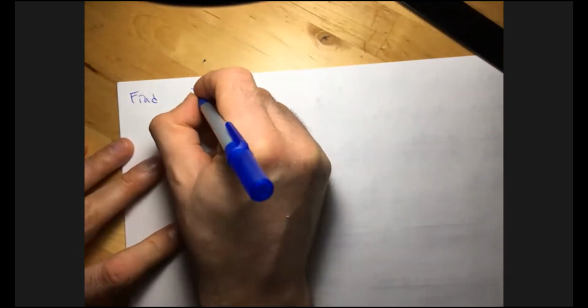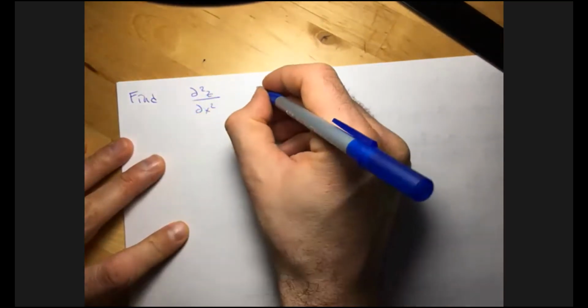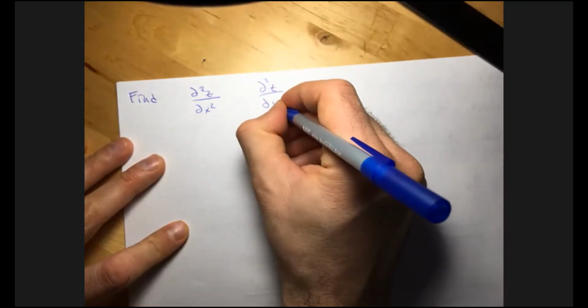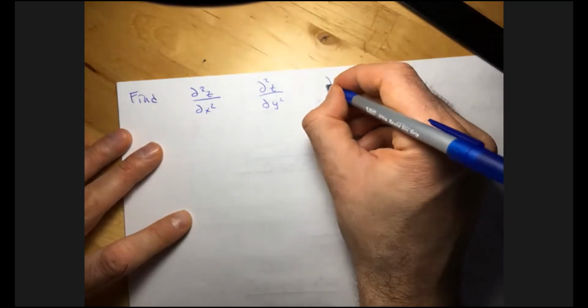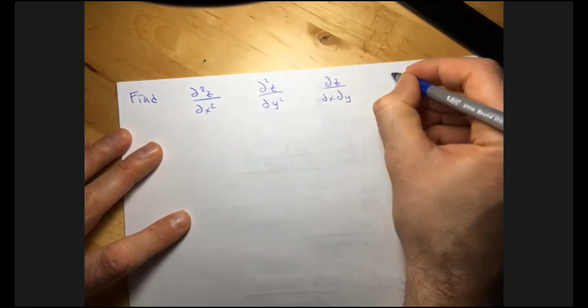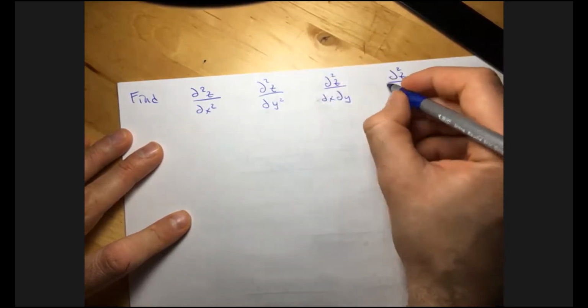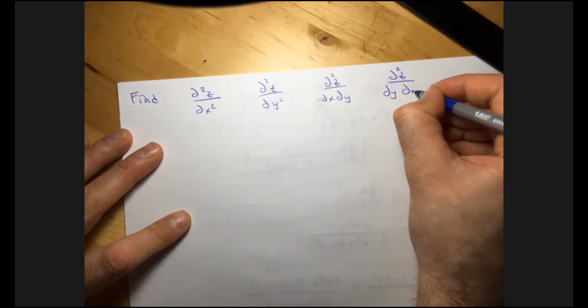Okay. So we have second order partial derivatives, and here we'll have to find the second order partial derivative with respect to x, the second order partial derivative with respect to y, and both mixed partial derivatives, partial z, partial x, partial y, and partial z, second order, first with respect to x, then with respect to y.